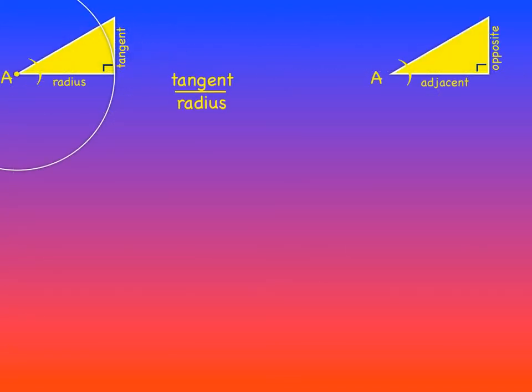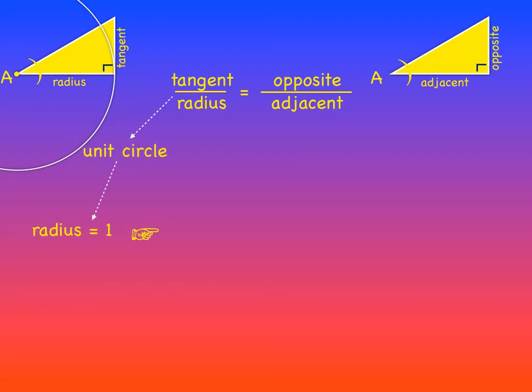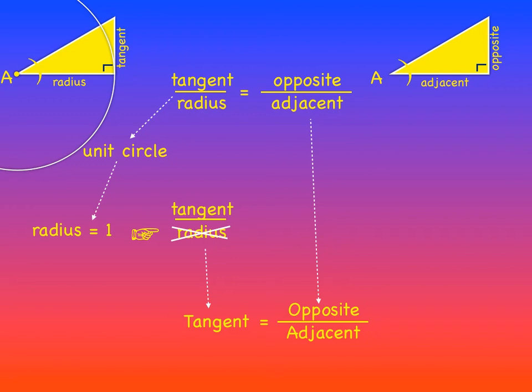Well, tangent compared to radius is actually the same thing as opposite compared to adjacent. But remember, we're using a unit circle, so the radius is 1. And tangent over radius, we're going to eliminate radius since it's 1, and we'll just call it tangent, which is the same as opposite over adjacent.